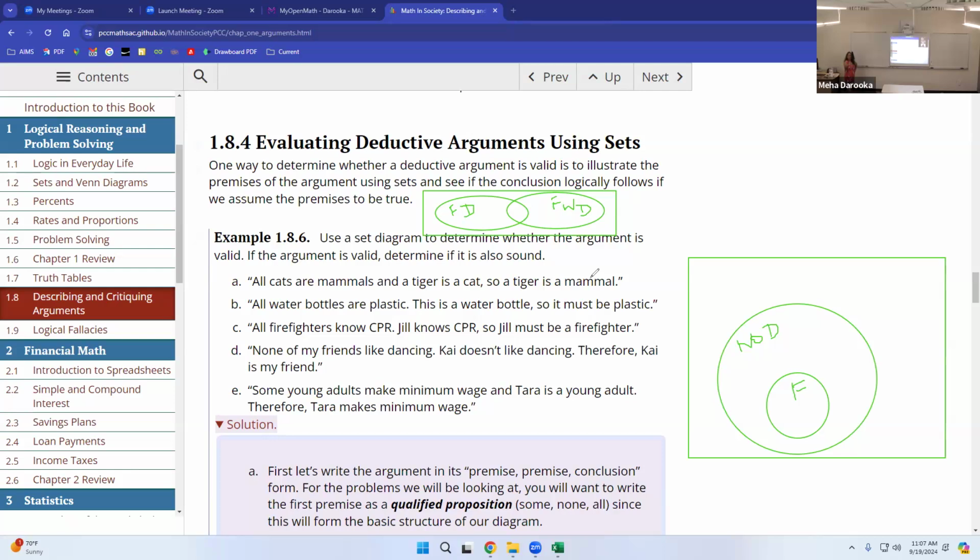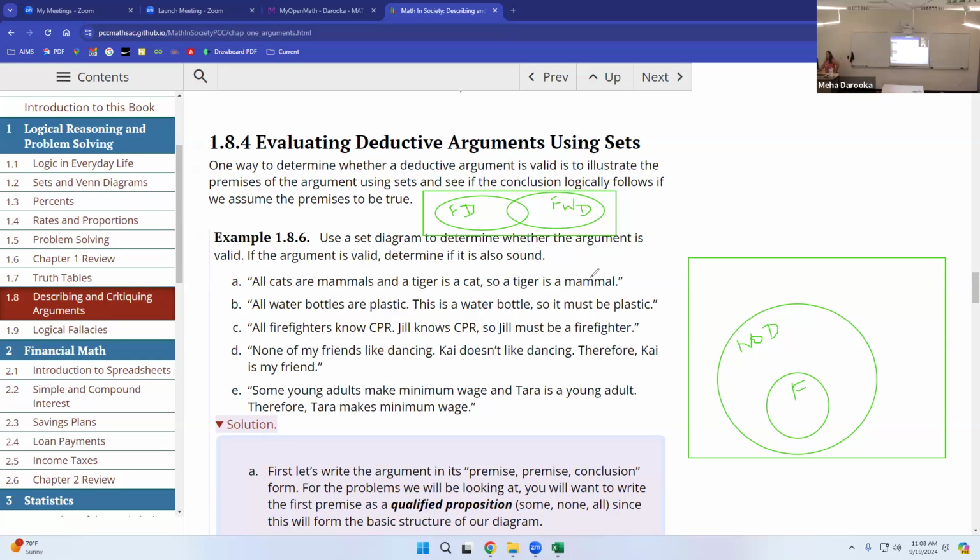You're onto something there. All right, so before we get to Lauren's argument, let's see what Samuel and Anna had. Okay, so if we did Samuel's, where the bigger circle is no dancing and friends is a smaller circle inside of that, where would you place Kai? People who dance.